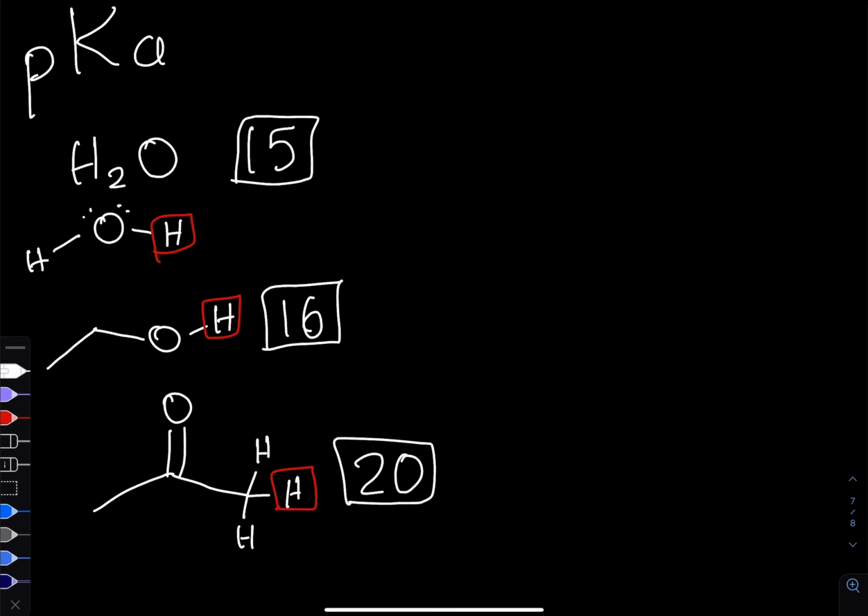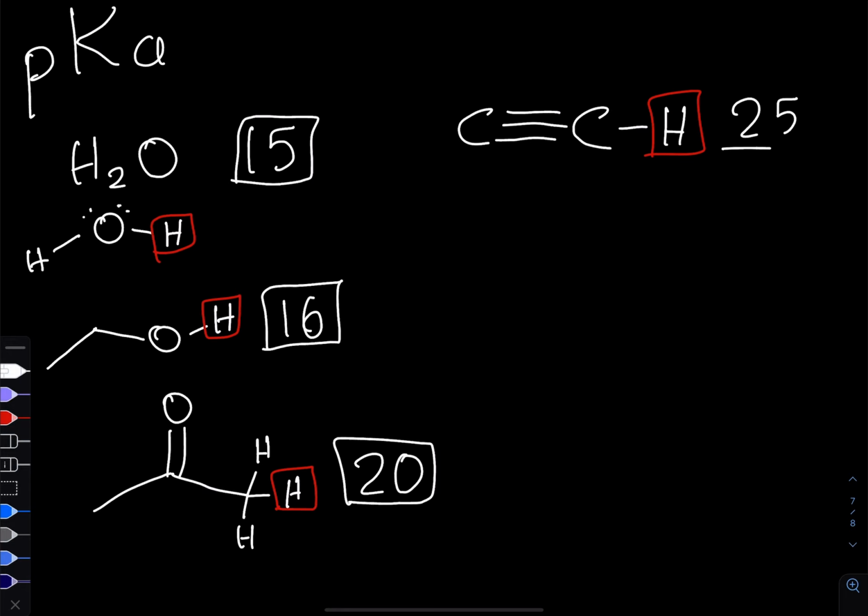Now, if we have a triple bond, and we have a hydrogen attached to the carbon that's attached to the triple bond, that hydrogen or that proton is going to have a pKa of 25. Now, if we have ammonia or any molecule that has nitrogen-hydrogen bonds, one of these hydrogens would have a pKa of 38.